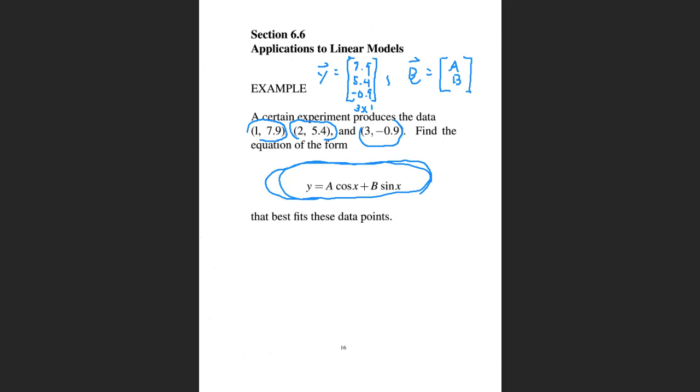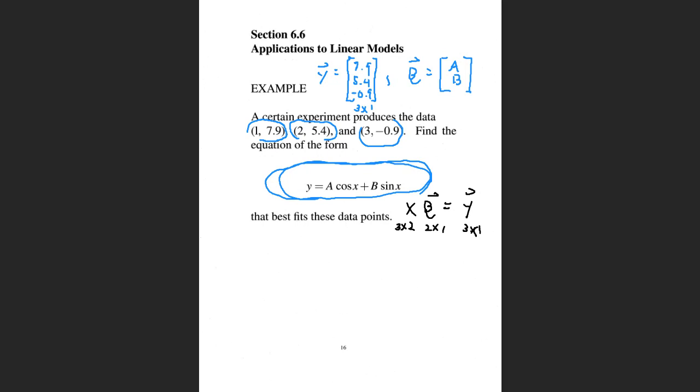And we know that X times the parameter vector, X times beta equals y. Y is a 3 by 1. Beta is a 2 by 1. And so X has to be a 3 by 2. So the question is, what is X?